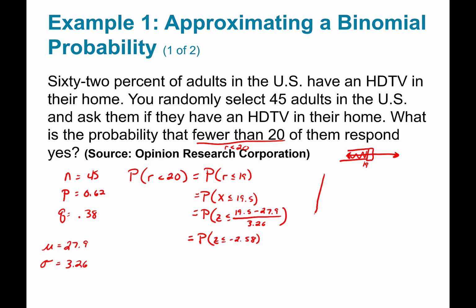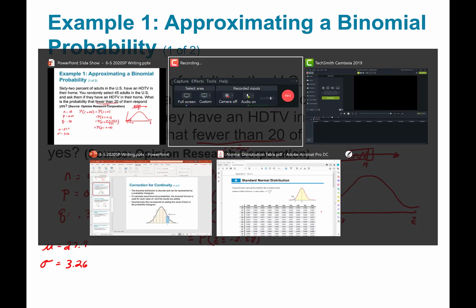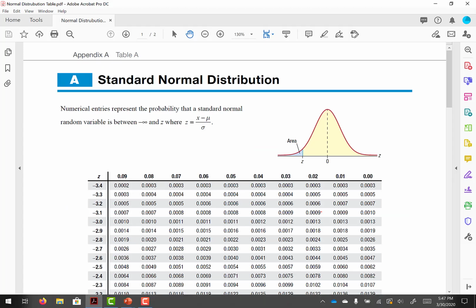So now let's sketch our normal distribution and see what we're looking at. So here's our z distribution. Negative 2.58 is about here, and we want less than or equal to. So we're looking for area to the left. So we just go to our table, and we're going to look for negative 2.58.